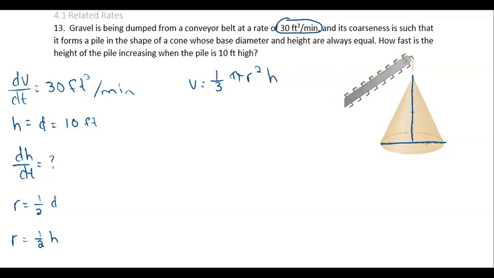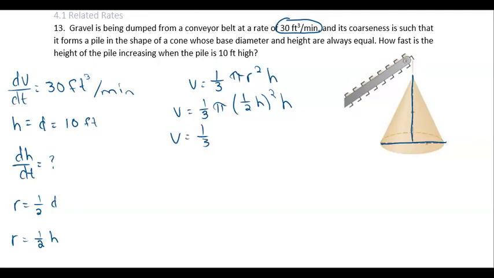Now, why is that valuable? That's valuable because we have entirely too many variables in our formula. We need to replace some of these so that we don't have as many variables. Because the radius is half the height, I can get rid of the r squared and put it in terms of h.